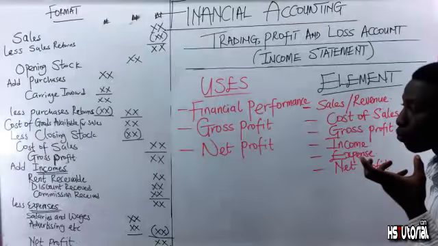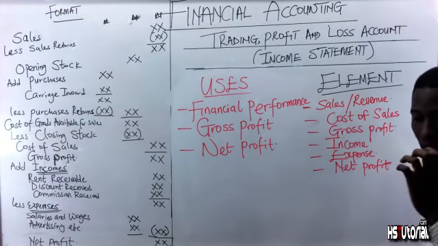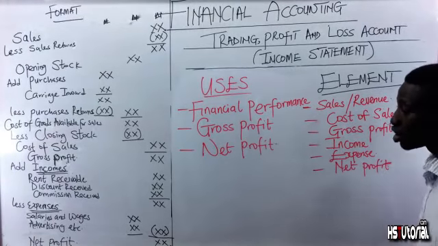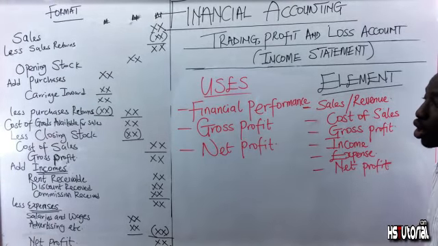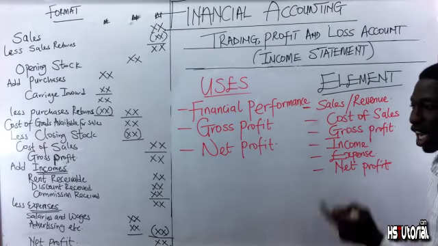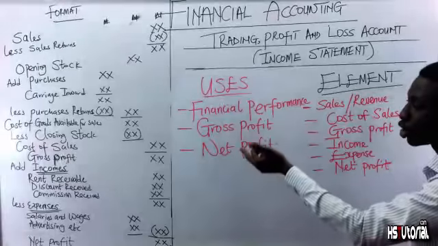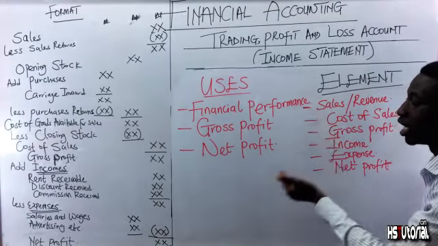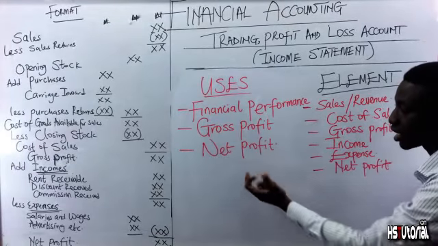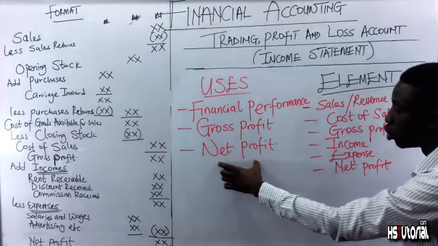That is the profit from your operation, from your day-to-day activities. Then the last thing you can use income statement for is to show your net profit. Your net profit means after the addition of your other incomes and the deduction of your expenses from the gross profit. That is when you now have your net profit.